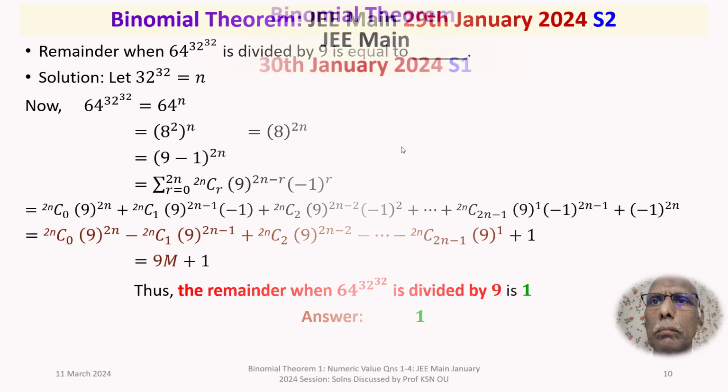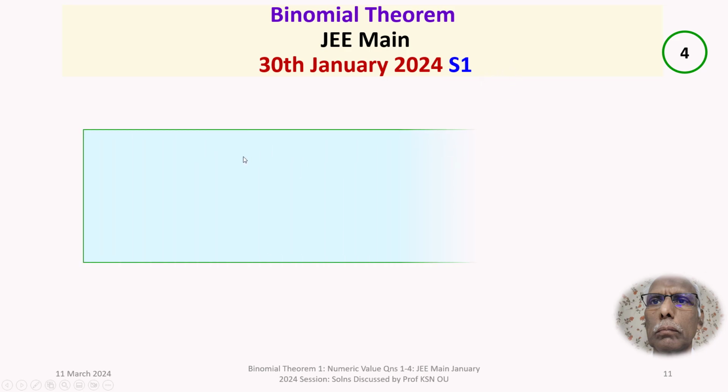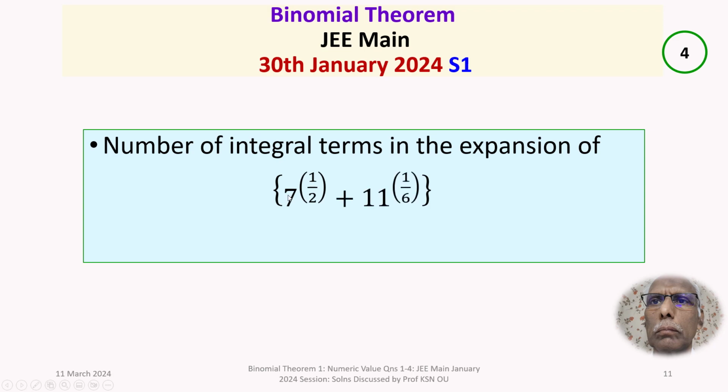Now let's move to the last question in this discussion. That is the fourth question. This question has appeared in the JEE Main exam held on 30th January 2024 in the first shift. The given question is: the number of integral terms in the expansion of (7 to the power of 1 by 2 plus 11 to the power of 1 by 6) whole to the power of 824 is equal to.